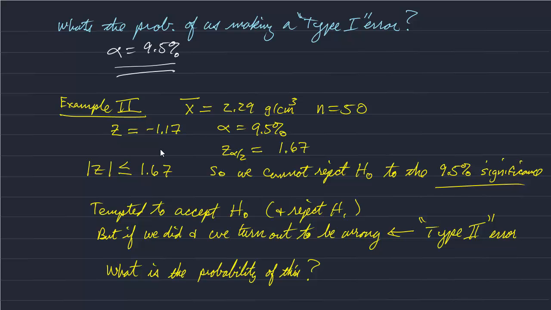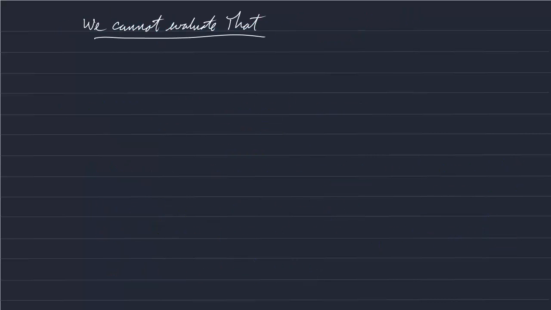And the fact that we cannot assess the probability of a type 2 error means that we should avoid at all costs making this type 2 error. And the only way to do that is to not accept H0.